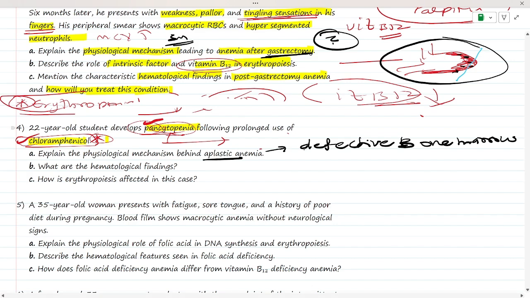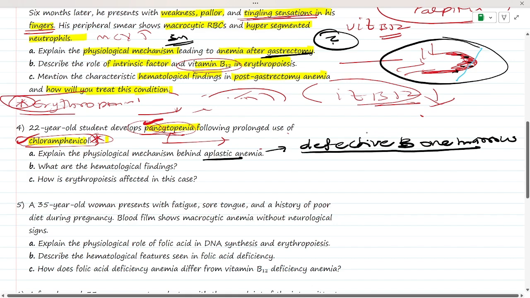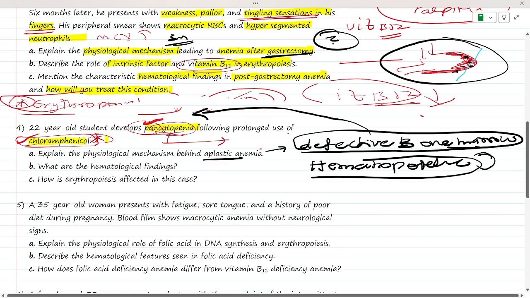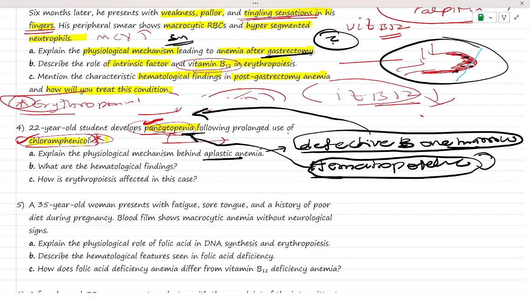Okay, if there is defective bone marrow, it leads to pancytopenia because all the hematopoietic stem cells are present in bone marrow itself. So if the bone marrow is defective, the hematopoietic cells also get affected, leading to pancytopenia, that is decrease in RBCs, WBCs and platelets.